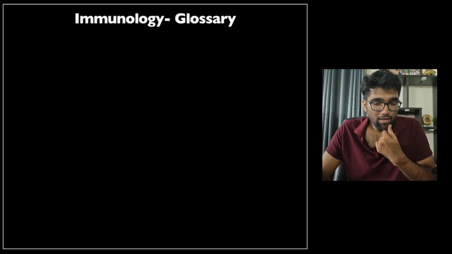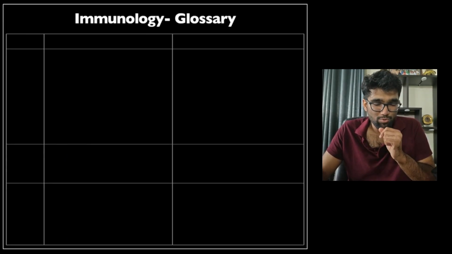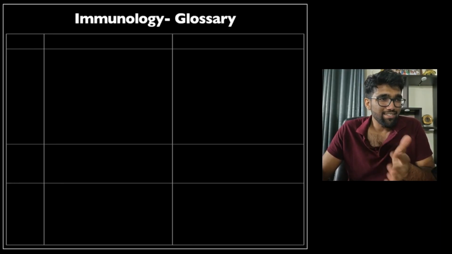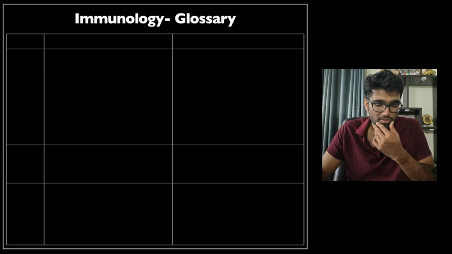Now I'll be discussing immunology under the following headings. To be fair, I'm talking about clinically relevant immunology, but that does not mean I'm going to avoid going into much detail. I will be going into as much detail as is necessary, and clinically, a lot of detail is necessary. So I'll be going into the molecular details and functional aspects of everything.